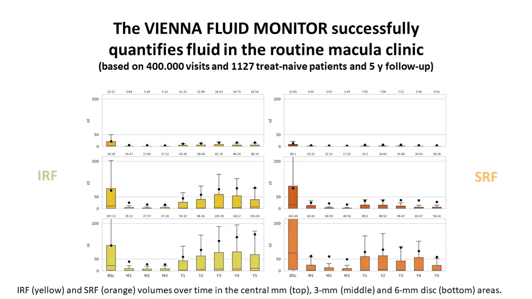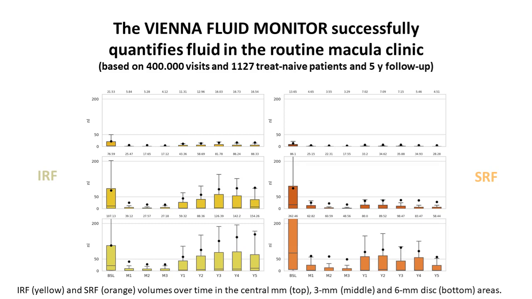Can you apply AI to real-world OCT images that were taken in a hurry many times per day? Yes, you can. We looked at 400,000 visits in our outpatient macular clinic and were able to identify 1,127 treatment-naive patients that were followed for as long as 5 years.